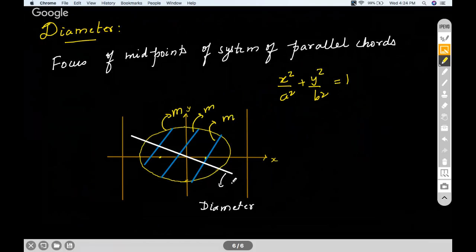Then find the equation of the diameter. So that's the question. Again, feel free to type in your response in the chat box or send me a pic on the WhatsApp.